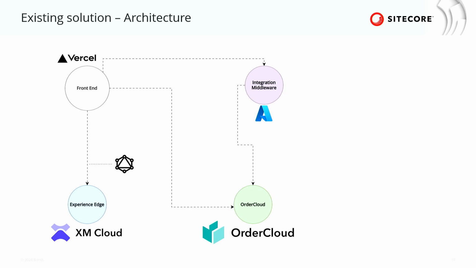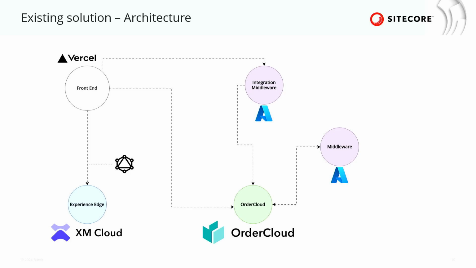Then if we need some custom integrations or integration with third-party services, we created our custom web service integration middleware. It is deployed into Azure, so the frontend may call it, and then the integration middleware may call Order Cloud or any other service.